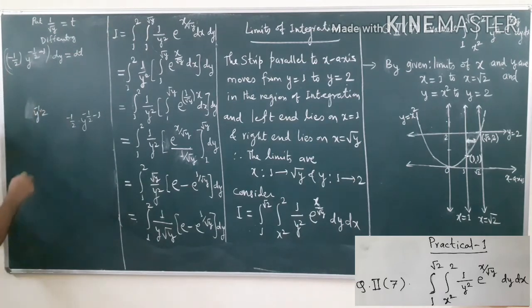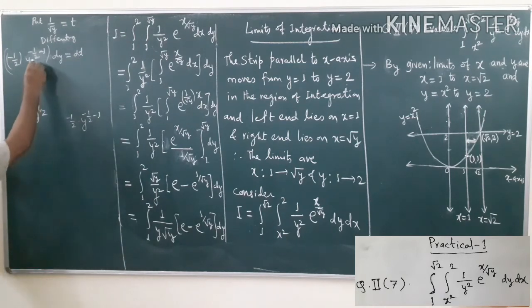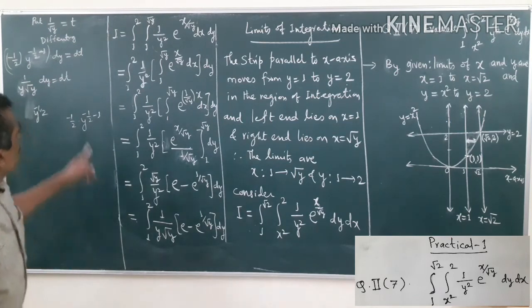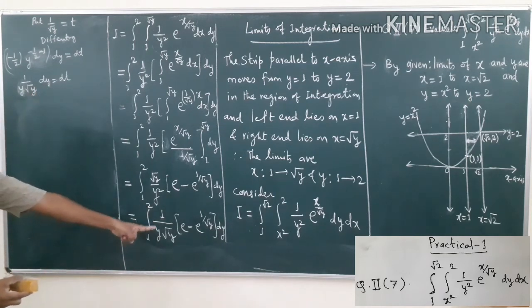Or I will take this minus half to this side, so that will be minus 2 dt, and y raised to minus half minus 1. Y raised to minus half minus 1 means 1 upon y into root y. Y raised to minus 1 means 1 upon y, and y raised to minus half means 1 upon y raised to half, that is root y. So, thus we have the new substitution as 1 upon y root y dy is equal to dt.